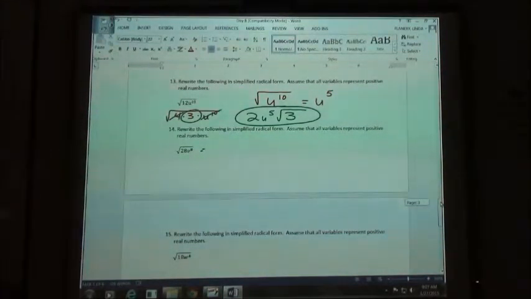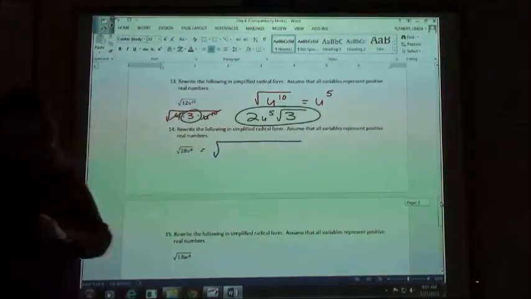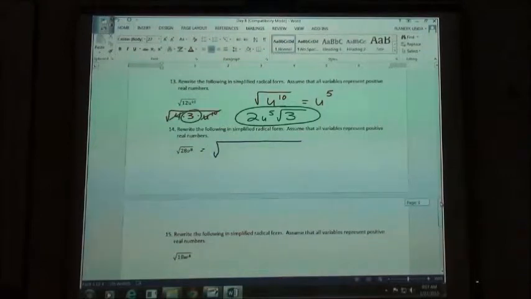So on number 14 here, we're going to do the square root of 28v to the 8th. 28 is not a perfect square. It's not a number on our list. What's the biggest perfect square that divides into 28?